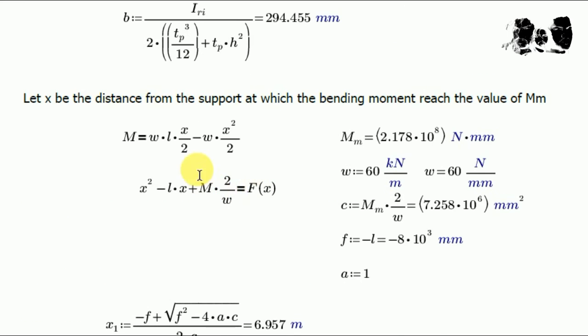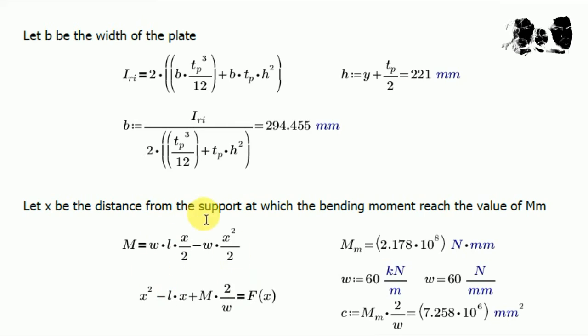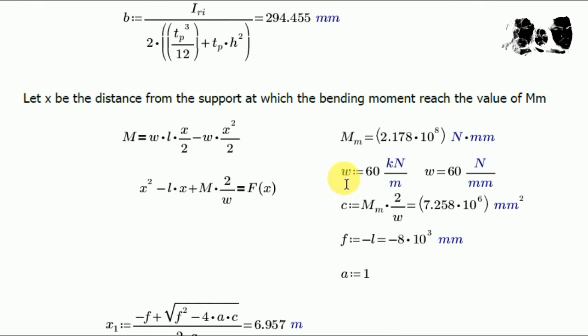So let's put the formula of bending moment at the x section in UDL, which gives WLX upon 2 minus WX square by 2. We already have the maximum bending moment value here, where small w is equal to 60 kN per meter, converted to Newton per mm.